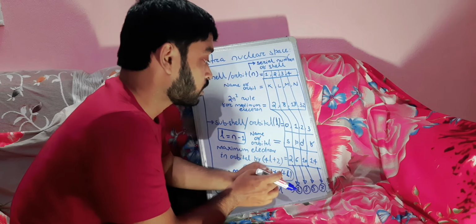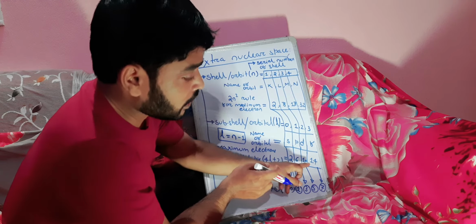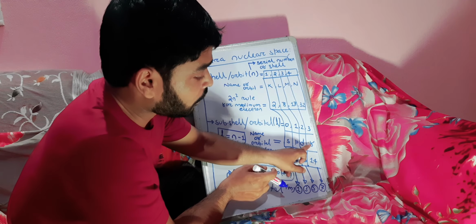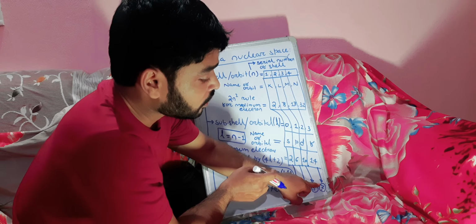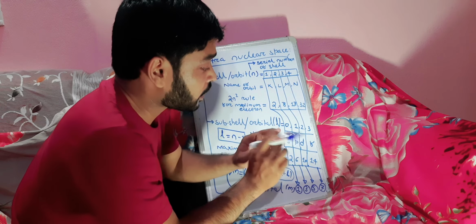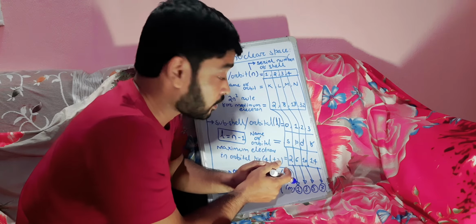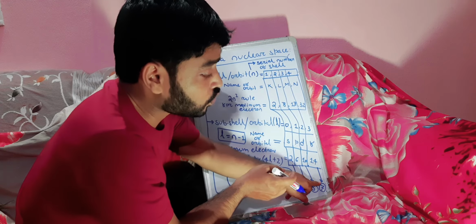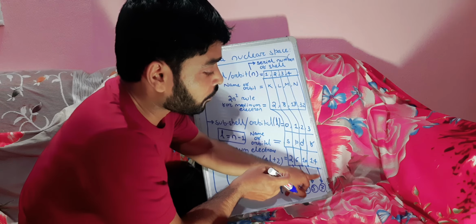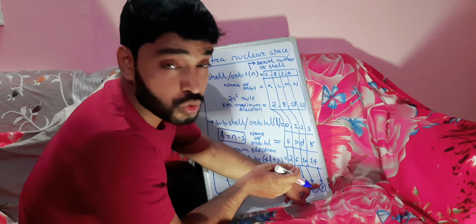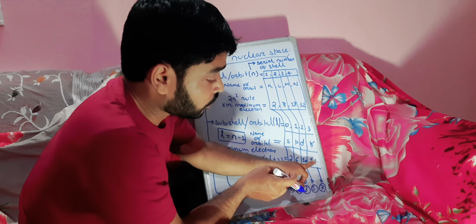In the f orbital 14 electrons are present and it has 7 suborbitals. Each suborbital is expressed by a square bracket. That means there are 7 square brackets. So each square bracket will occupy 14 by 7, that means 2 electrons.